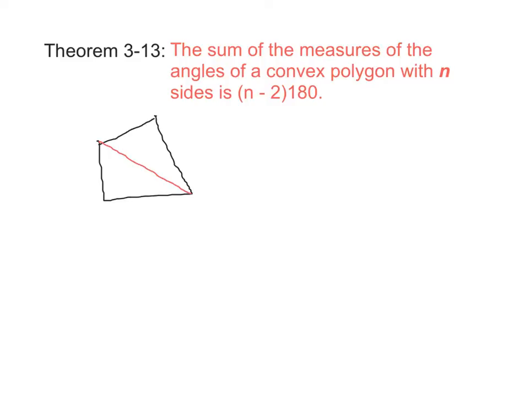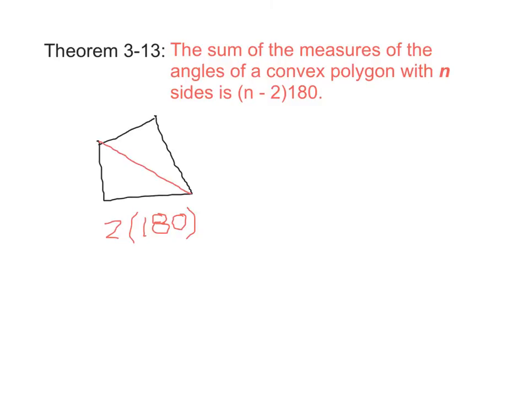The sum of the angles of a triangle is 180, and I've got two triangles here, so the sum of the interior angles is going to be 2 times 180. And 2 is 2 less than the number of sides, because we have 4 sides, so 4 minus 2 is 2, so 2 times 180 is the sum of the interior angles.